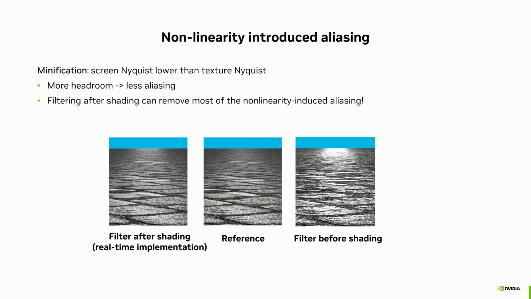However, the opposite happens during the minification, where screen Nyquist frequency is lower than texture Nyquist. Thus, we have more headroom in the UV space with filtering after shading. We apply the nonlinearity, and then filtering can remove most of the nonlinearity introduced aliasing. This explains why filtering after shading removes aliasing for minification, while it can introduce some aliasing for magnification.